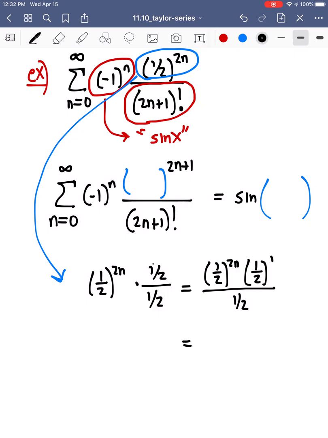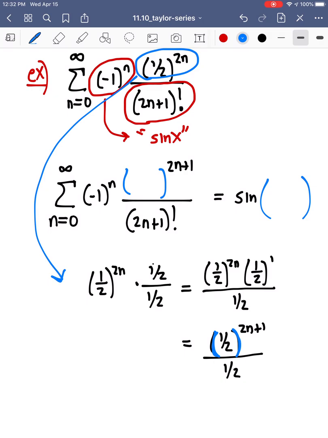So in the numerator, we get this factor of 1/2 raised to the 2n plus 1 because we have the product of two quantities. They have the same base but different powers, so we can add the powers together and then just divide by that 1/2 in the denominator. We're not going to touch that 1/2 in the denominator, because what we care about is that 1/2 that we got to the 2n plus 1 power in the numerator.